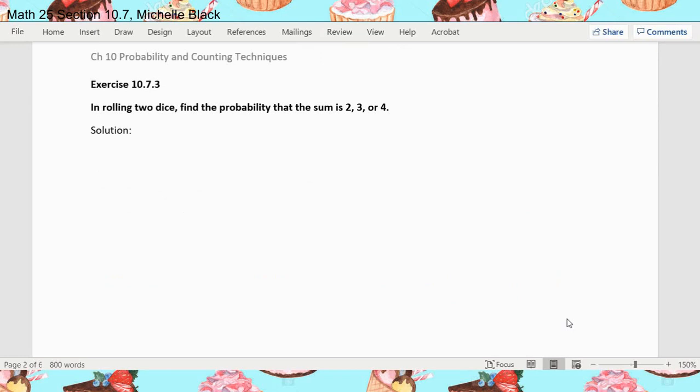Exercise 3. In rolling 2 dice, find the probability that the sum is 2, 3, or 4. I think this problem would be helpful if we wrote out the sample space. I want to know how many different outcomes there are when rolling 2 dice and adding up the numbers on the dice.